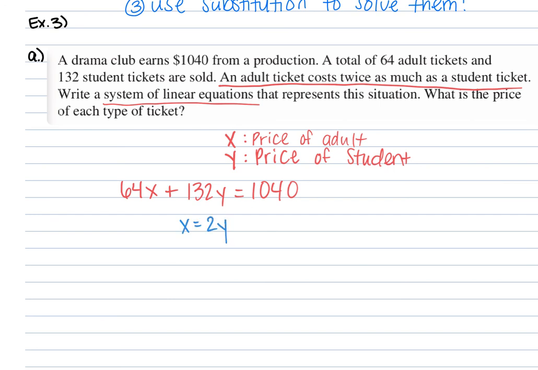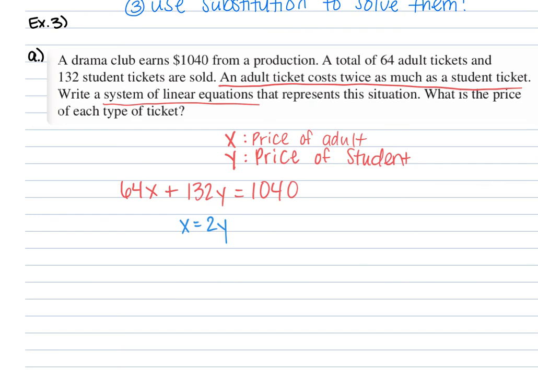How did you get that? Because it says the adult ticket costs twice as much, so since y is the price of the student, that times 2. Very good. y is the price of a student. Do you guys agree? If you have y, you multiply it by 2, that'll give you the price of an adult ticket, because an adult ticket costs twice as much as a student ticket.